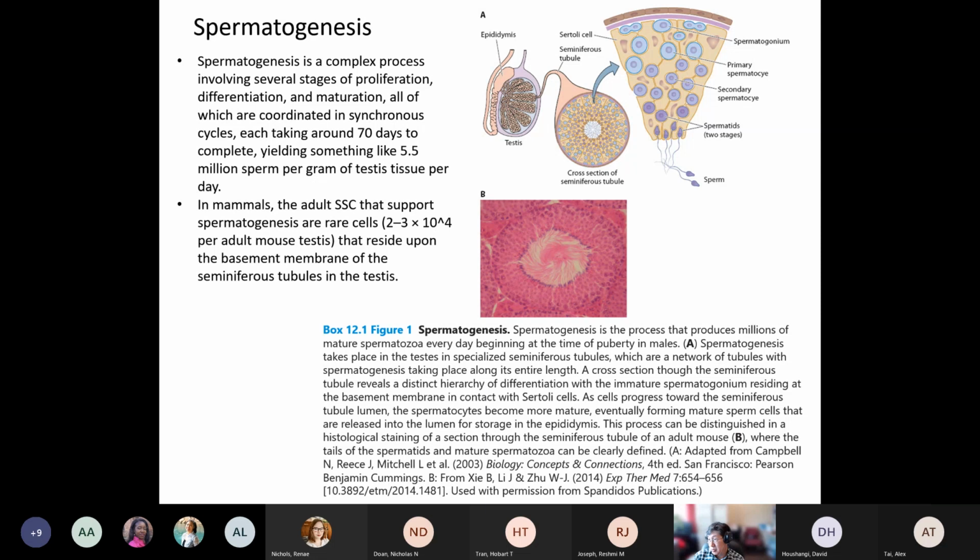But I fast forward, I didn't describe how the primordial germ cells differentiate and eventually give rise to the stem cells in the testis. That is not the content we want to cover. So you must know that primordial germ cells give rise to the stem cells here.